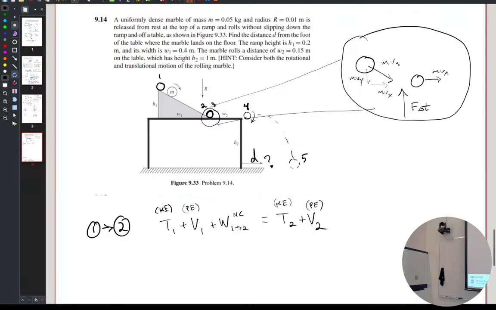We said at the top there's no potential, and when it gets to the bottom, it's not. So there should be some, that's the work done. It's not all kinetic, you still have to account for the distance.